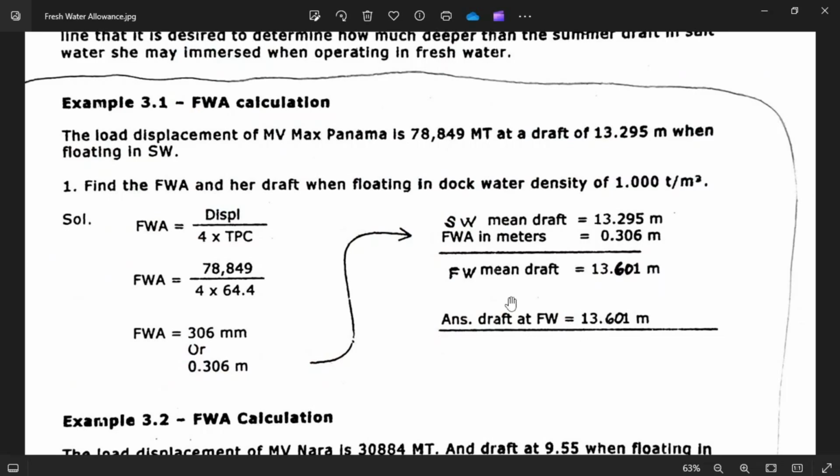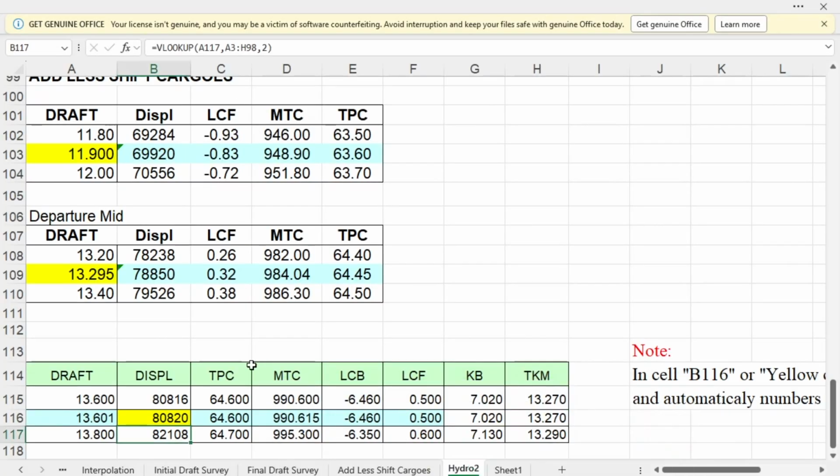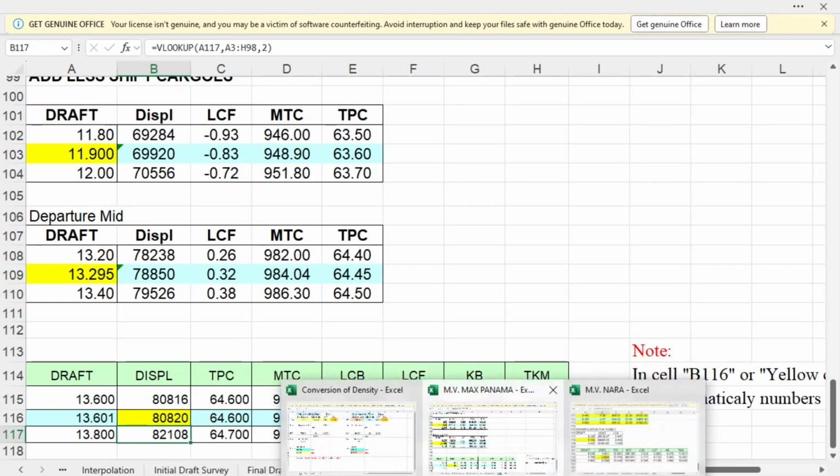So with this manual formula, you just add the freshwater allowance in meters, which is 0.306. You add this one, then you will get the freshwater mean draft of 13.601. So you can use this formula, or you can use your program.